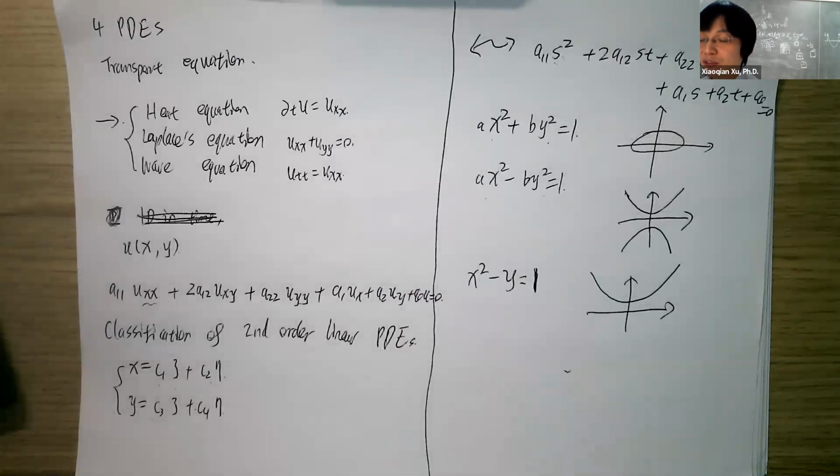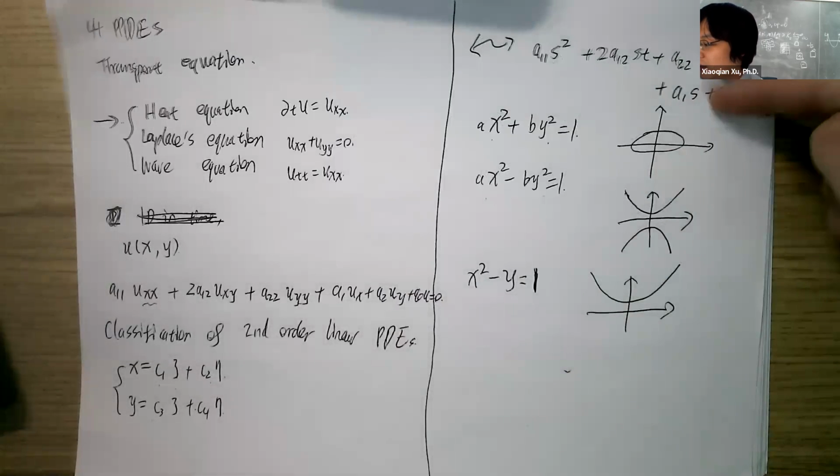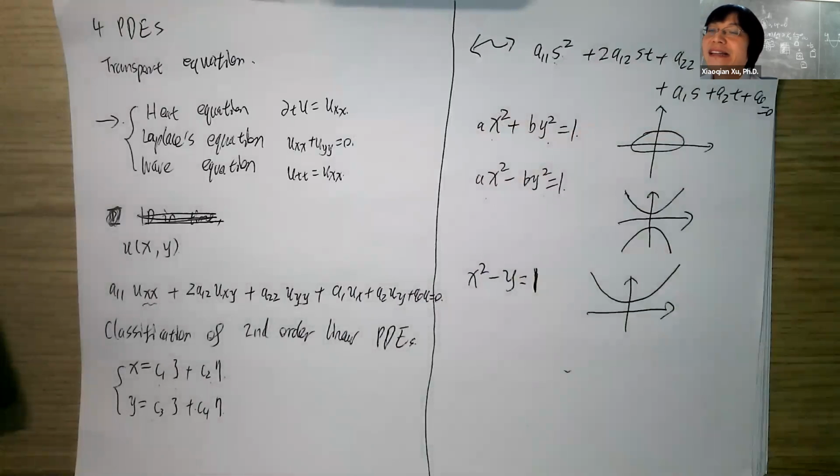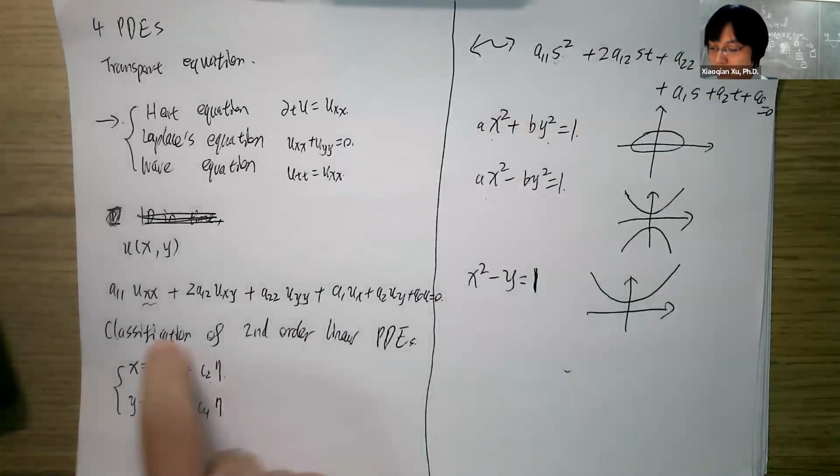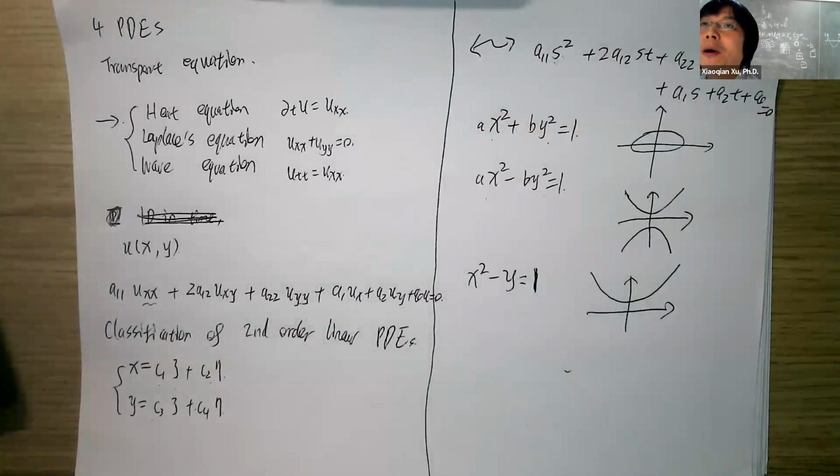There are only 3 kinds of second order curves. Okay, and how can you change this to the standard form? Well, the only thing you need to do is a linear transformation from st to xy or from xy to xi eta.